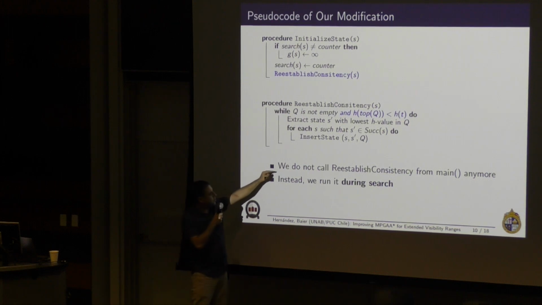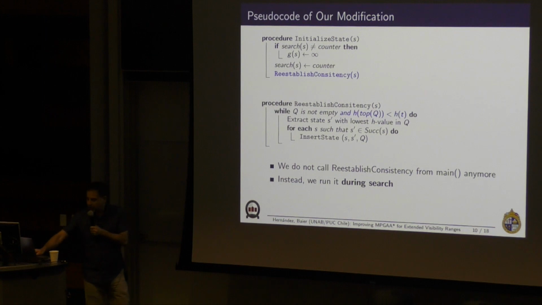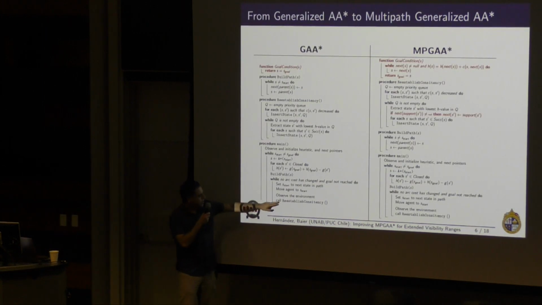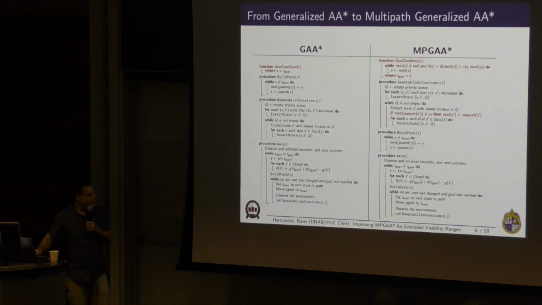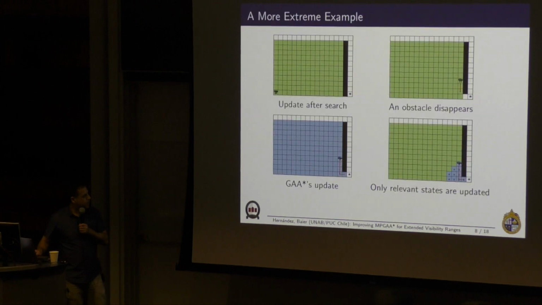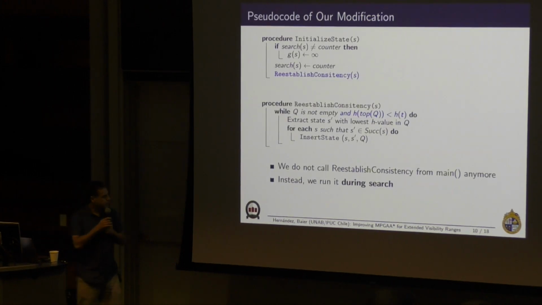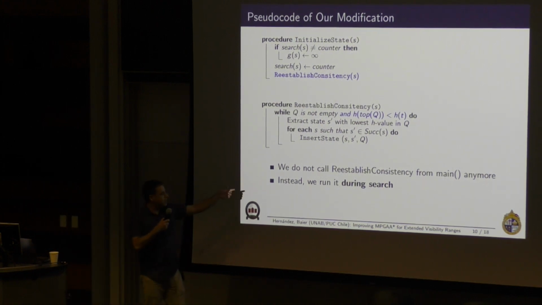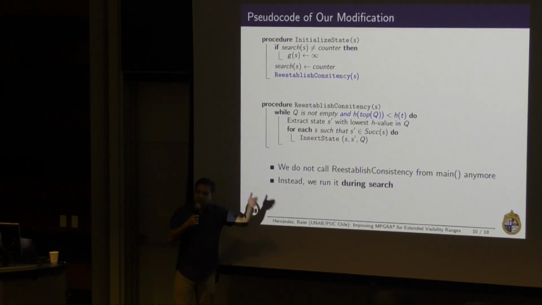The first: we don't call reestablish consistent from the main anymore, because if you see the algorithm, this was called here, each time that the environment changed. Now we call the procedure during the search, so during A star.